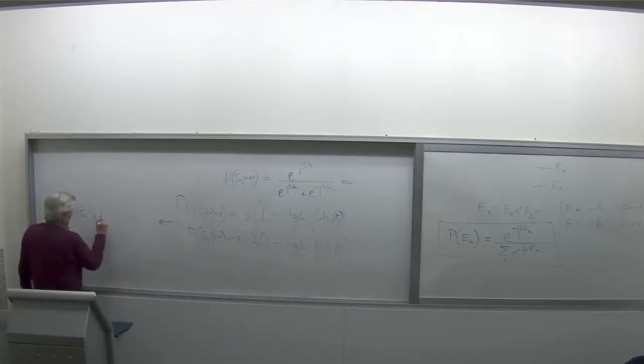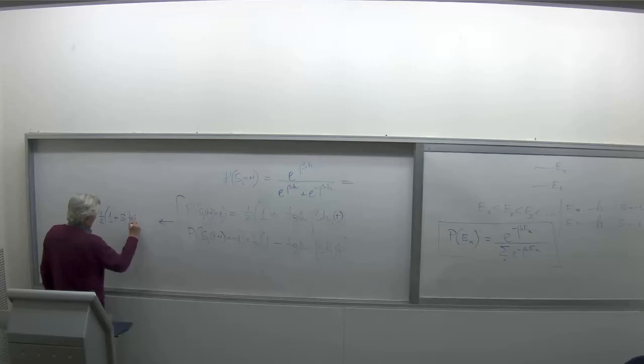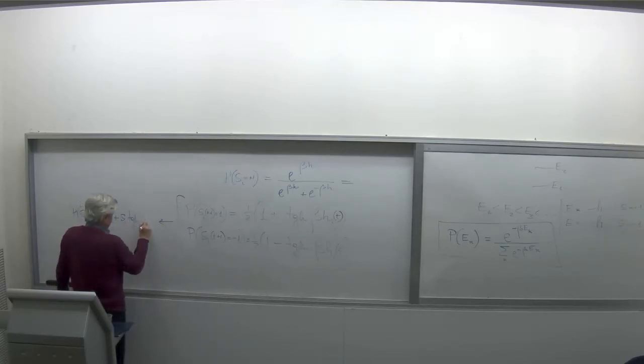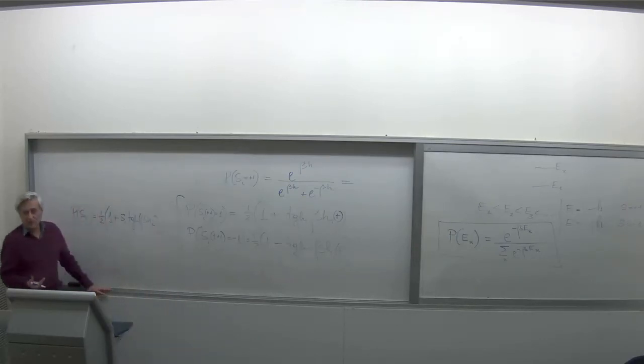P(S_I) equals 1/2 (1 plus S_I beta H_I). So you see, I've written the same in a compact form. If S_I is 1, I have to put 1 here. For the probability of S_I to be -1, I put -1 here, and this is something compact.